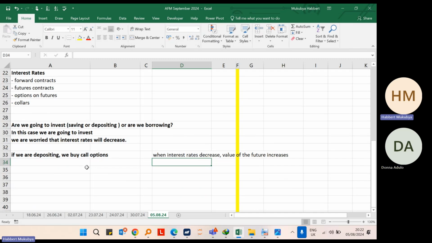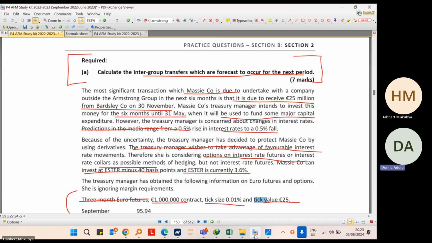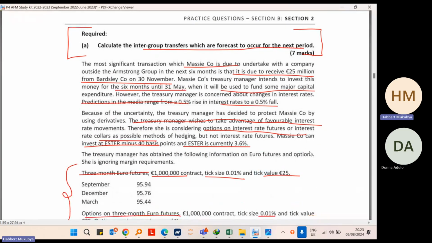So, in the event we are receiving, that means we are going to go for a put option? Based on what you've explained, does that mean that we shall go for a put option? But you said in the event that we are going to receive, right?